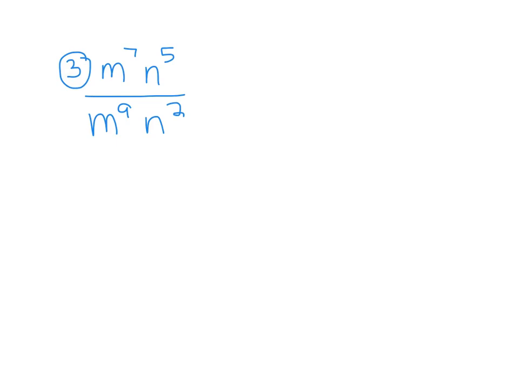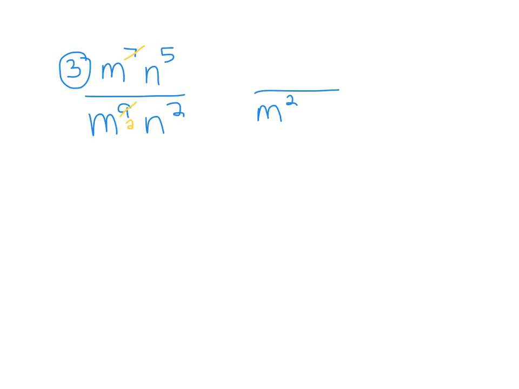If I had to write it out, I would write 7 m's on the top, 9 m's on the bottom. Where would I have more m's, top or bottom? Bottom. How many extras? 2. Because I can take 7 away from here, 7 away from here, and I still have 2 on the bottom.